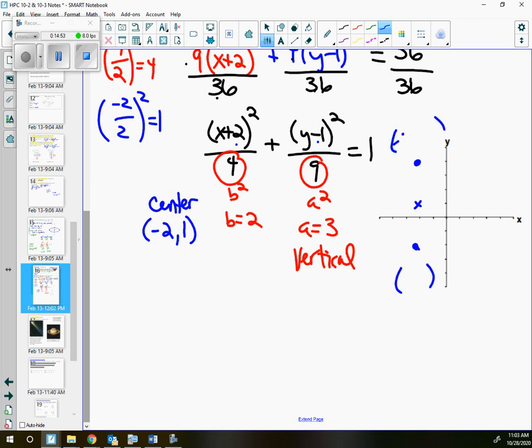So that would be at negative 2, and if we go up 3 from 1, that would be at negative 2, 4, and then negative 2, down 3, would be at negative 2, negative 2. So keep track of where those ordered pairs would be. And then in the x direction, we use my b values, 2. So 2 to the right would be at 0, 1, and 2 to the left would be at negative 4, 1. So just make sure you know where those different values are.